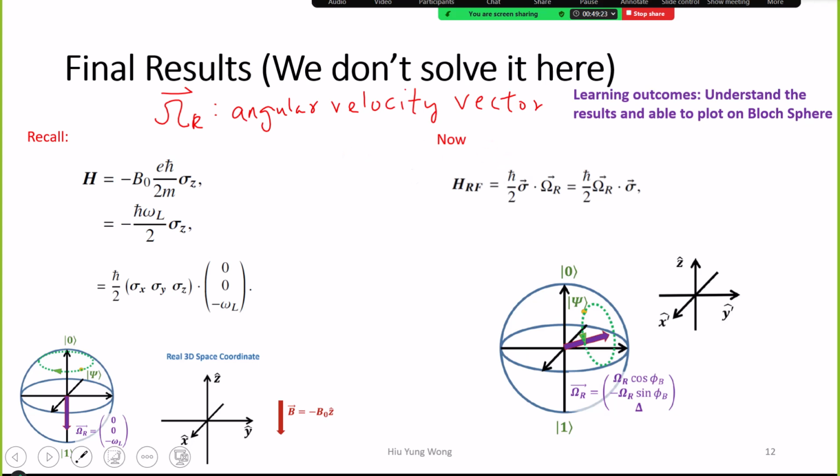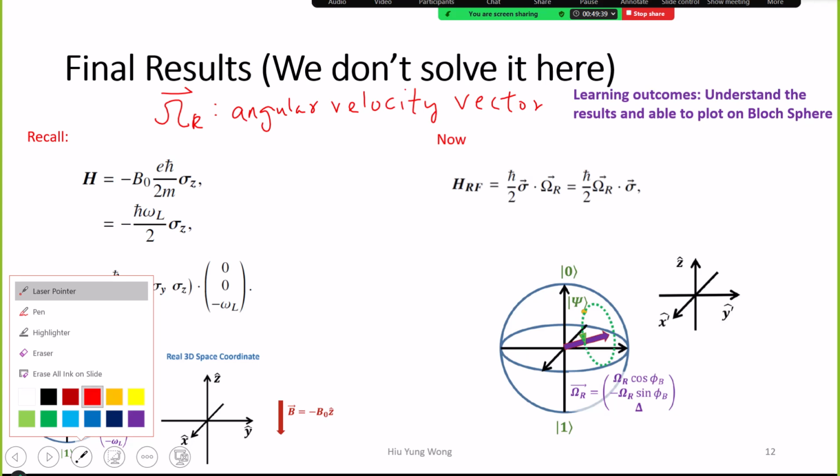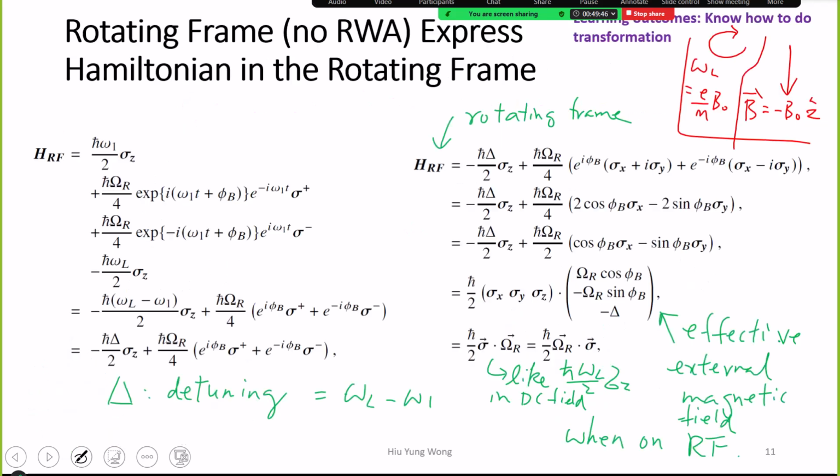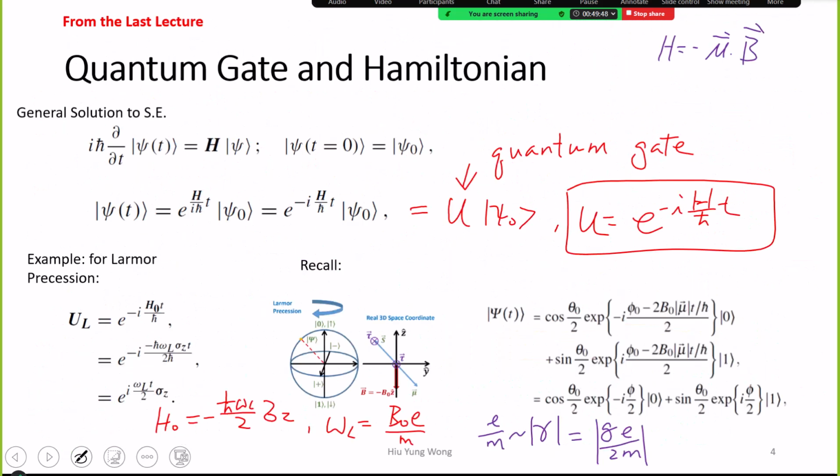What I'm trying to say is now you have this form. This form is exactly the same. But now this vector is pointing in a different direction depending on omega R and phi B. Okay? So what does it mean? What is phi B? Do you remember? If you forgot, let's look at the figure again.